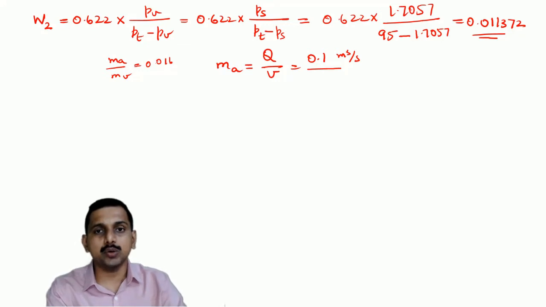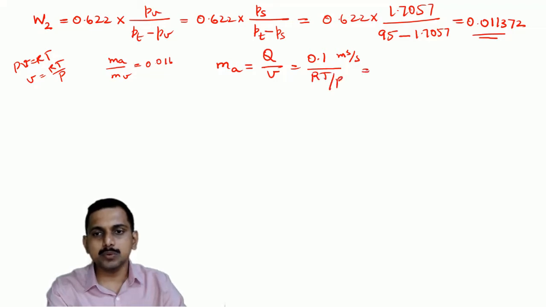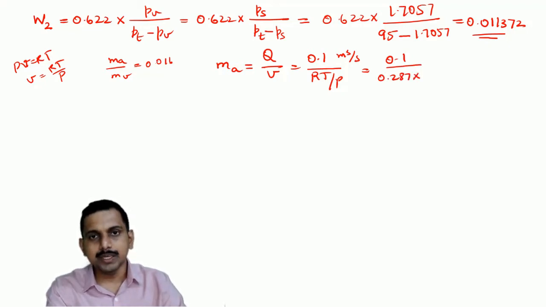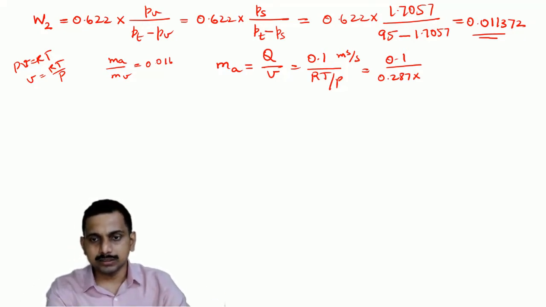Here we can make use of the ideal gas, since PV is equal to RT, so specific volume is RT by P. So this would be equal to 0.1 divided by, R is given as 0.287, into the initial temperature, 273.15 plus, so I can say 303, plus 30 degrees centigrade, and pressure is 102 kilopascal.